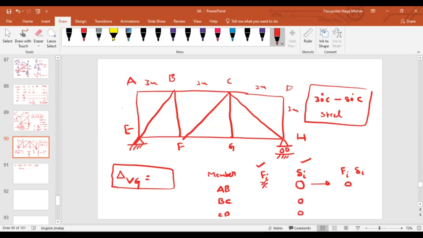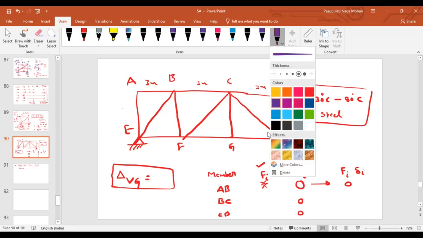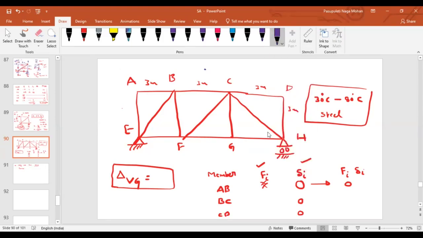What is our main objective? Our main objective is to find the vertical deflection at G. So where do I have to apply the unit load? I have to apply the unit load like this. If I apply the unit load like this, force might generate in every member, in this member, here, here. But I don't find it in any of those members. Why?